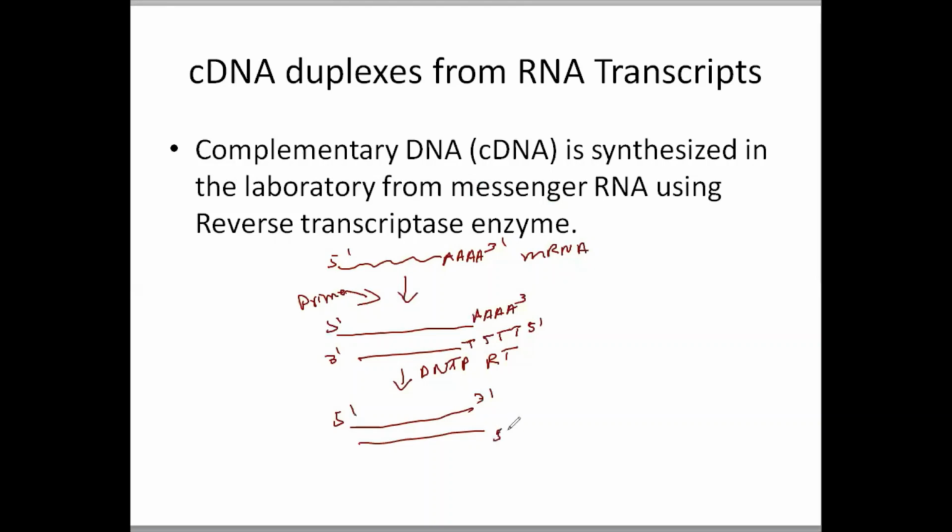This hybrid is called a DNA-RNA hybrid or RNA-DNA hybrid. Now we remove the RNA from this, and whatever is left is your cDNA, called complementary DNA.